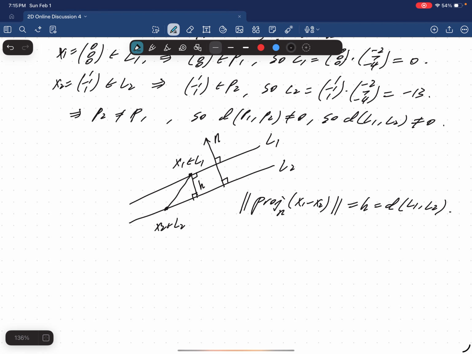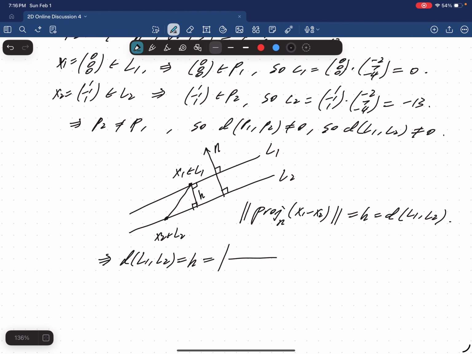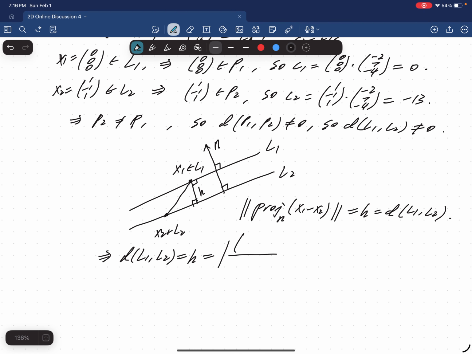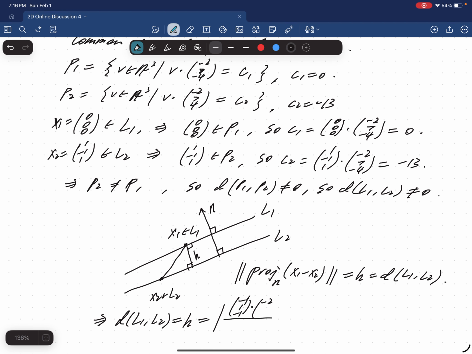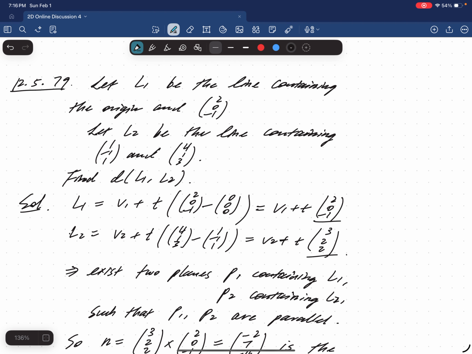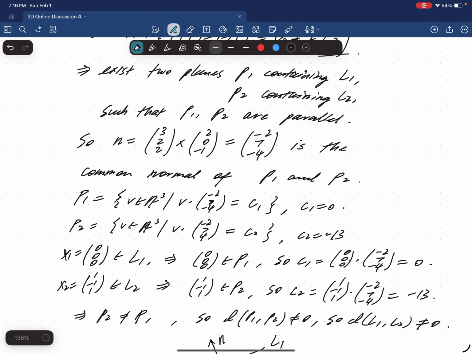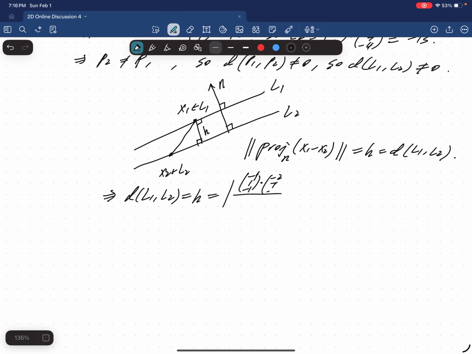Then I get that the distance between L1 and L2 is equal to h, which is equal to the size of, we plug in the projection formula, x1 minus x2, which is just (-1, 1, -1), dot my normal (-2, 7, -4), over the norm of (-2, 7, -4).